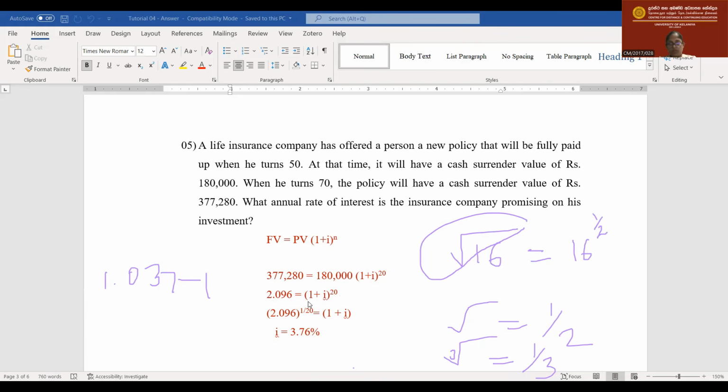I'm doing a square root here; the opposite of a power is the root. So not the square root of 2, but 1 over 20. In order to remove this exponent of 20, we take the half of that. That is what you have to find.